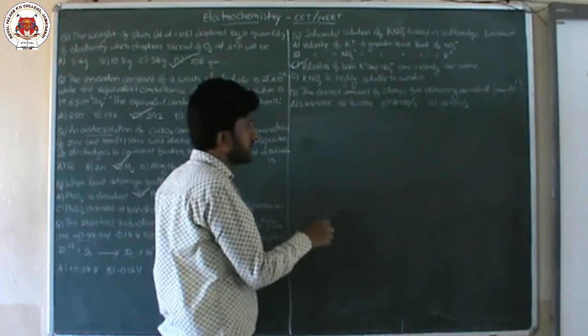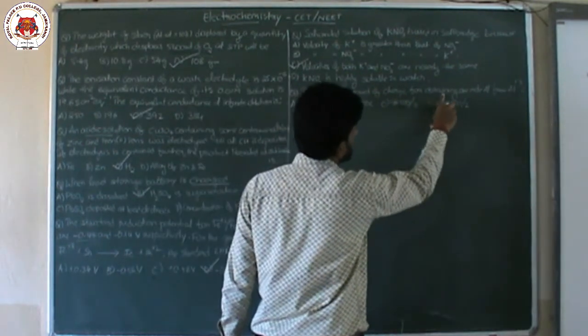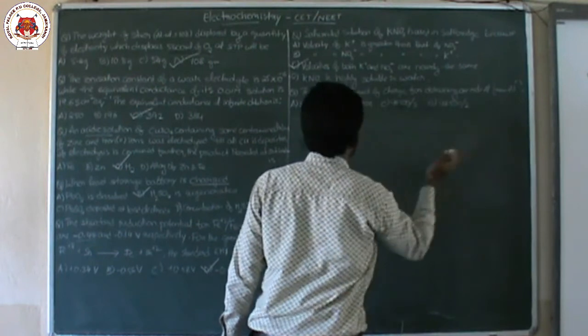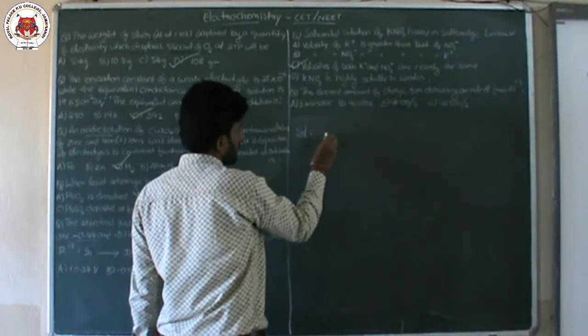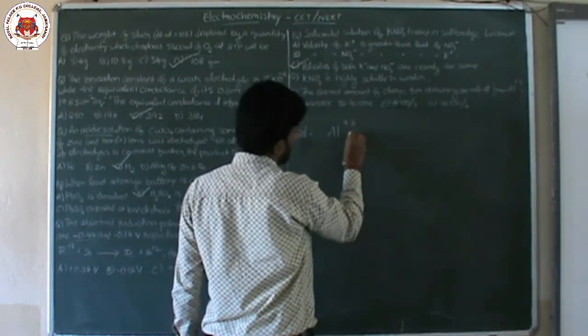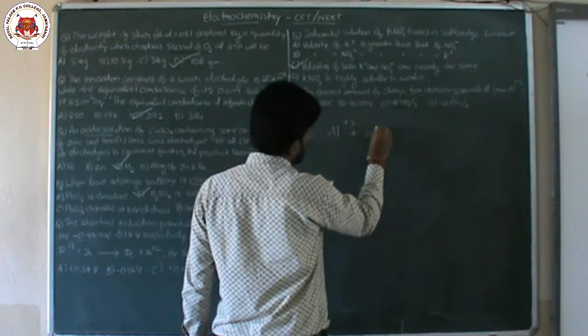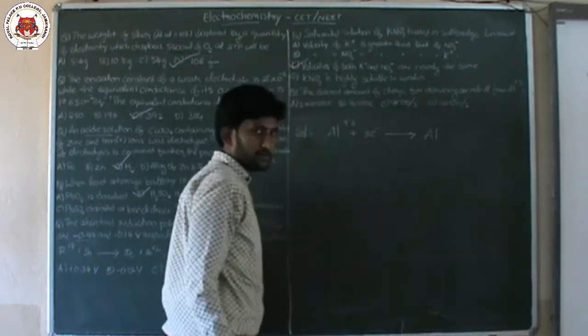Next question. The desired amount of charge for obtaining 1 mole of Al from Al+3. Al+3 requires 3 electrons to deposit as Al.